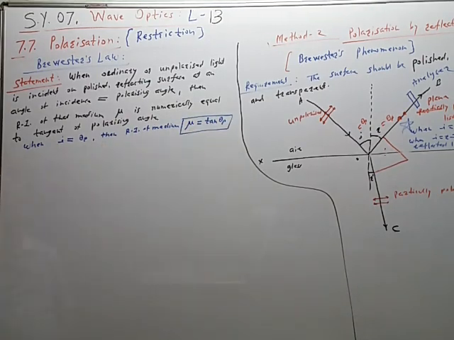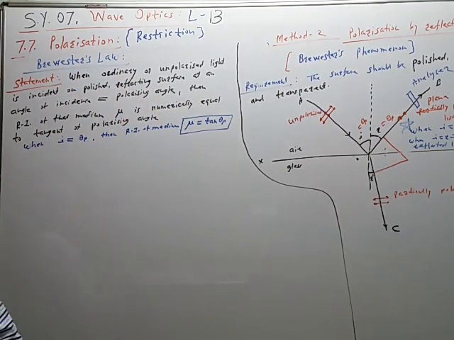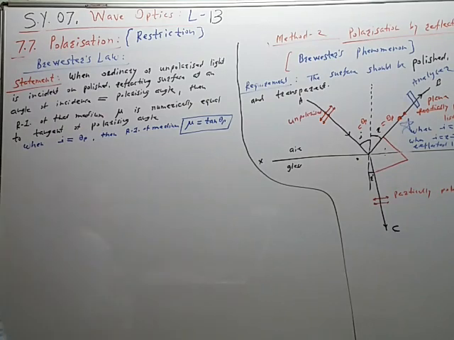This is known as Brewster's law. Mu is equal to tan of theta p. And now we have to prove this law.